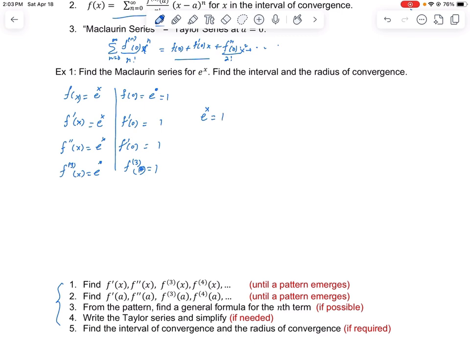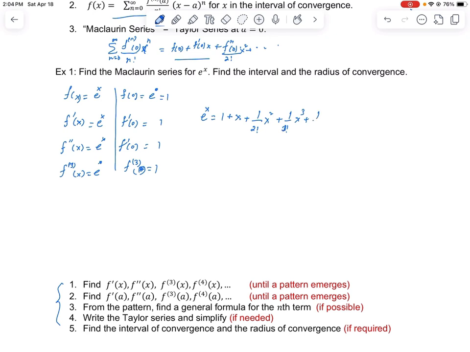f of 0, which was 1, plus f prime of 0, which is 1 again, but then it is multiplied by x. So we have x, plus f double prime of 0 is 1, over 2 factorial x squared, plus 1 over 3 factorial x cubed plus, and now can you see a pattern here?